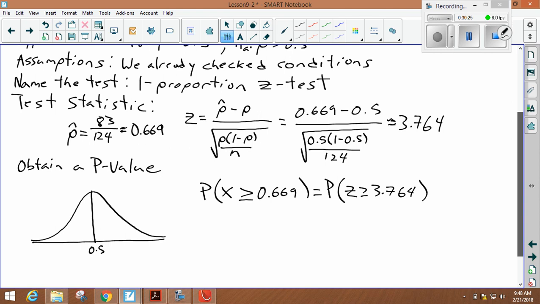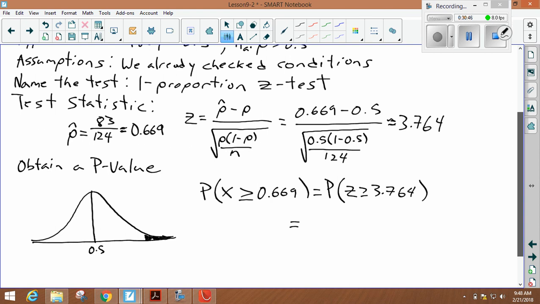It turns out that that's going to be way over here. So this is my shaded area that we're looking at. I could make it a little larger, but that's a very, very small amount, right?